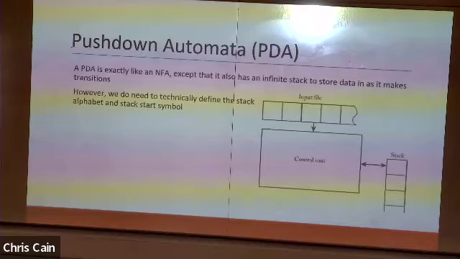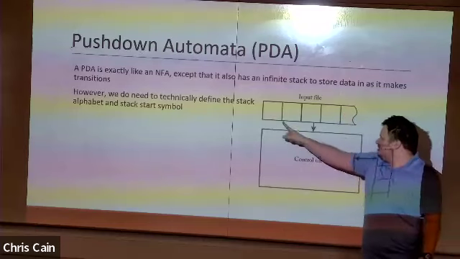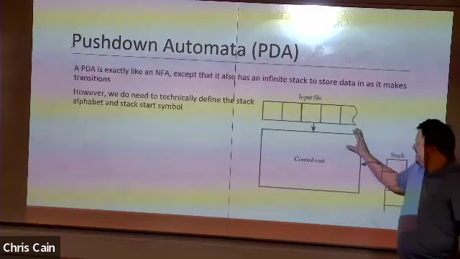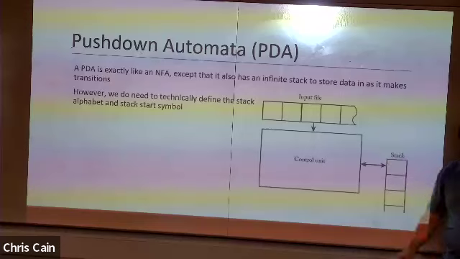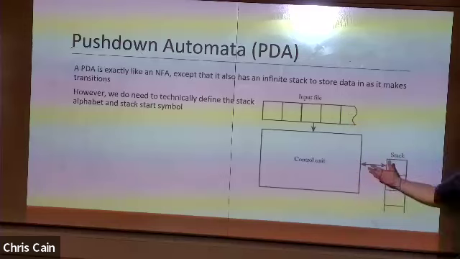So again, we have a very similar looking image. We're reading from an input where each one of these will be a character in a string. We have a control unit. It's going to be a representation of some number of states, just like before. We're going to have initial states. We're going to have final states. We're going to have transitions that take characters or may not, because it's non-deterministic.